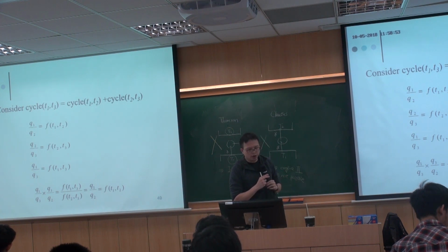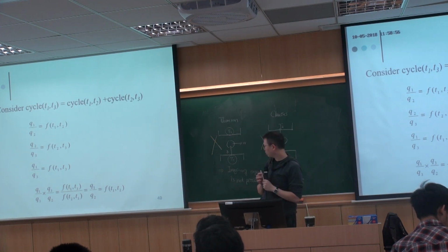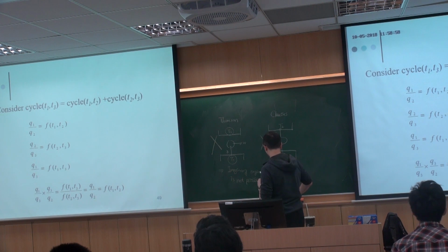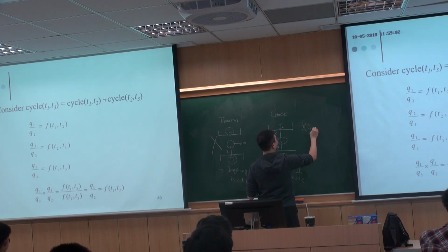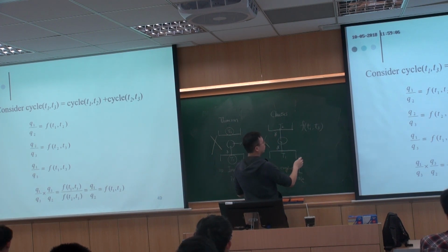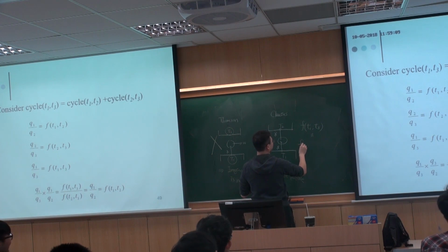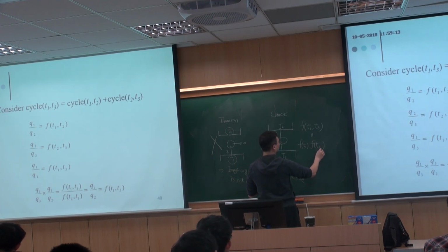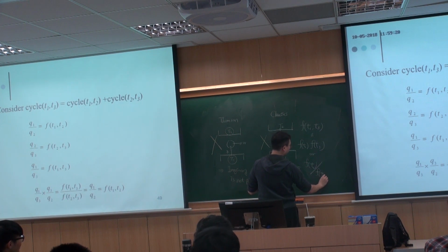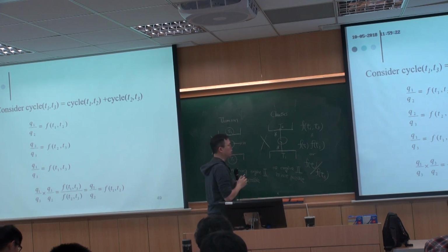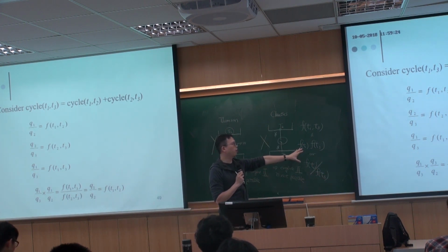It means that this function of, say, T1 and T3 can be decomposed into something like this. Or you can say, it depends, as long as it's some kind of product.